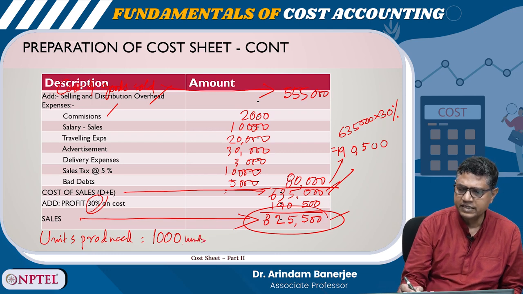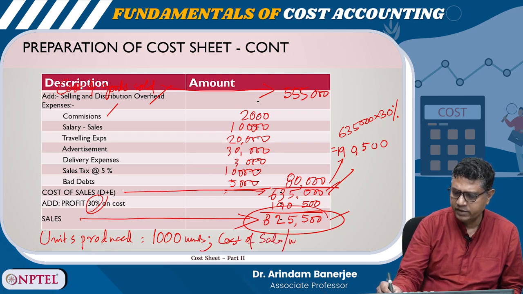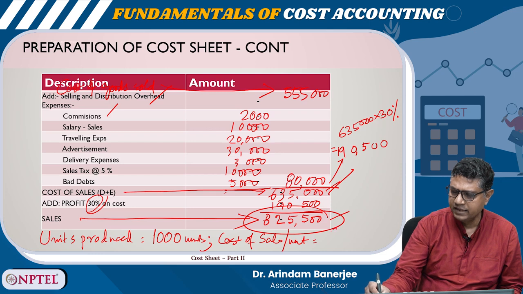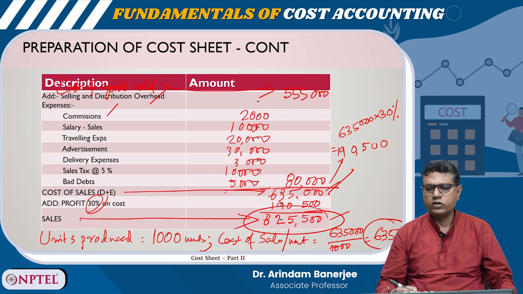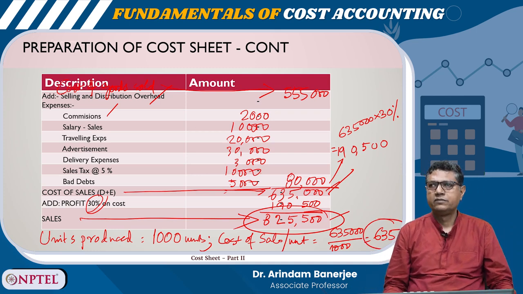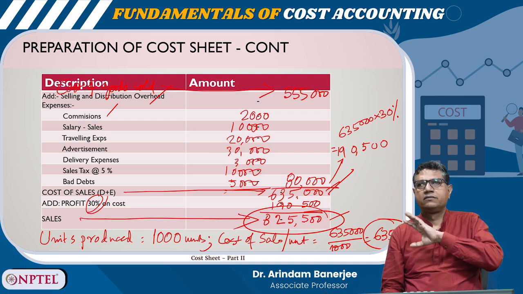Then what is my cost of sales per unit? I can divide 6,35,000 by 1000. So, it gives me rupees 635. This is my cost of sales per unit.